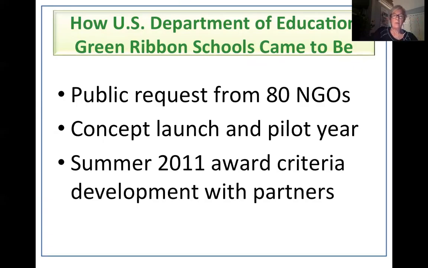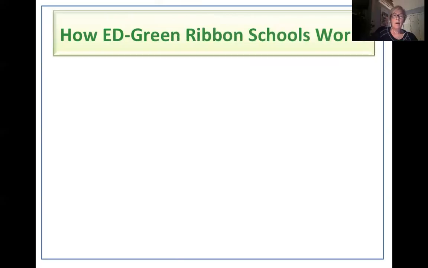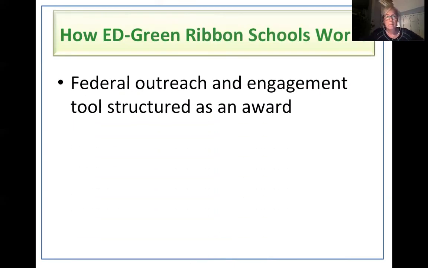And then in the summer of 2011, award criteria was developed further with partners. And again, this is an education component, which is what's good about it, and I think will be of benefit to others after you have completed all of your work in the studio. It is a federal outreach and engagement tool that's structured as an award.